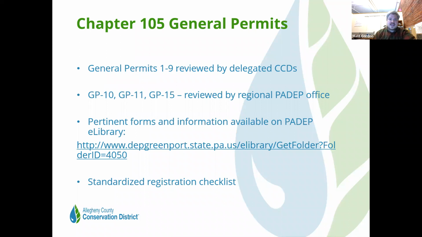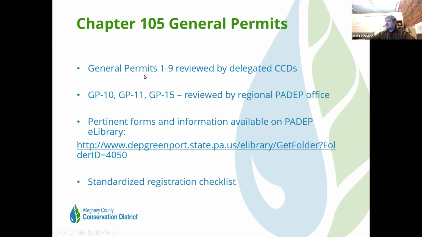The GP4 is intake and outtake structures, outfall structures. 5 utility line crossings, 6 agricultural stream crossings, 7 minor road crossings, the GP8 temporary road crossings, and GP9 agricultural activities. Across the entire state, if you're working in a county that is 105 delegated, those are the 9 general permits that county conservation district will review under their delegation.